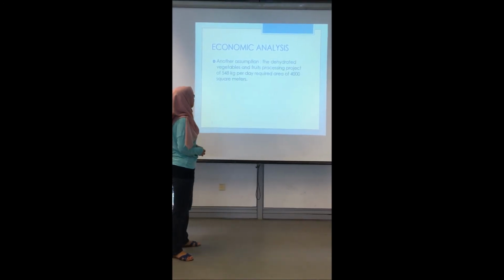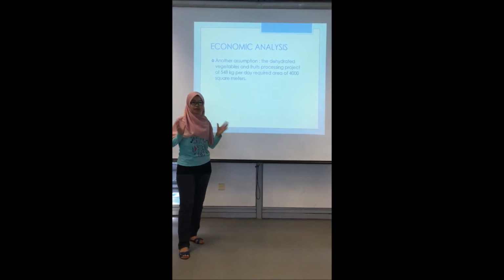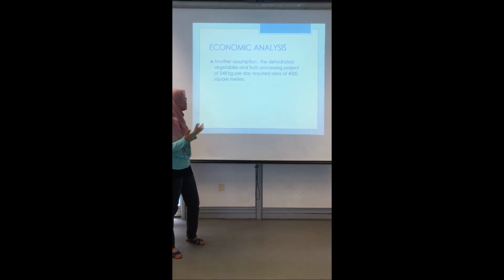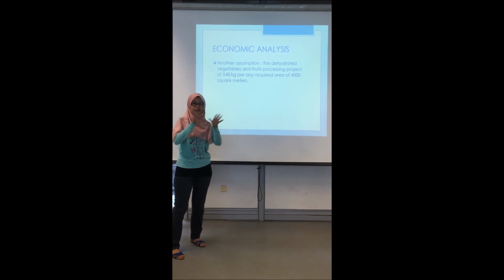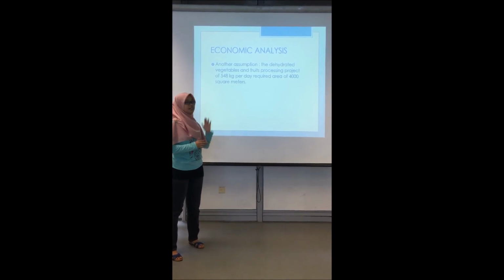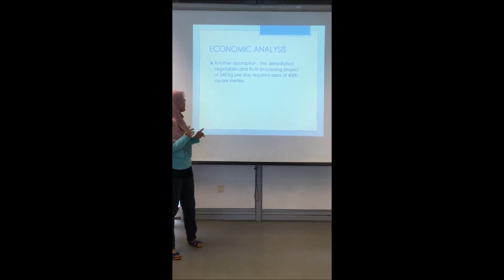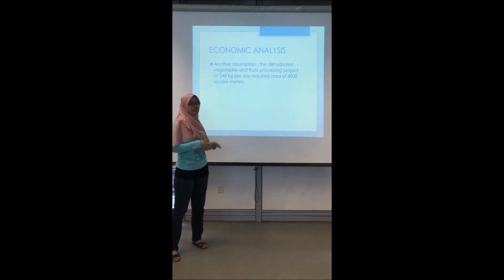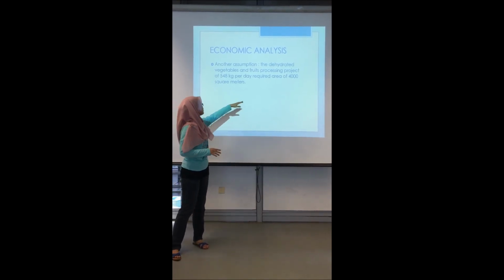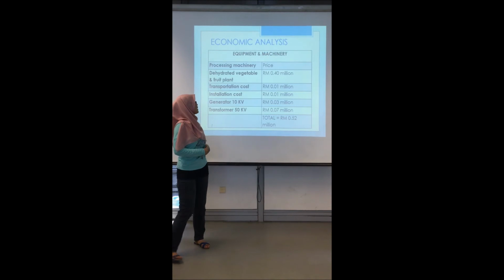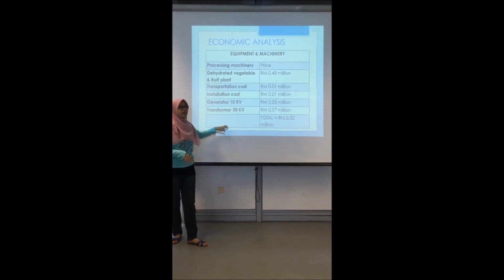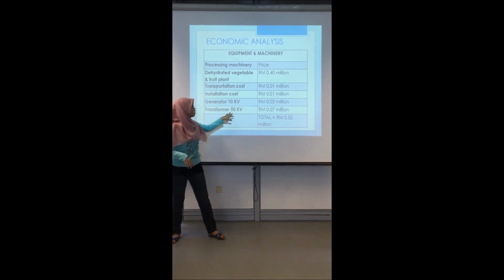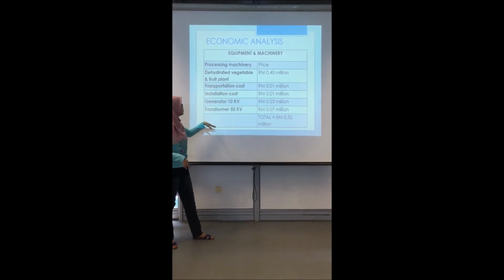Another assumption for this plant is that it is a dehydrated vegetable processing project. This plant requires 4,000 square meters of land. So the land requirement is 4,000 square meters. This is roughly my assumed calculation of the cost for the equipment and machinery.